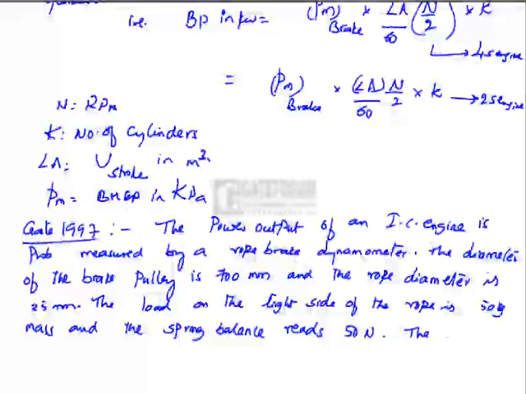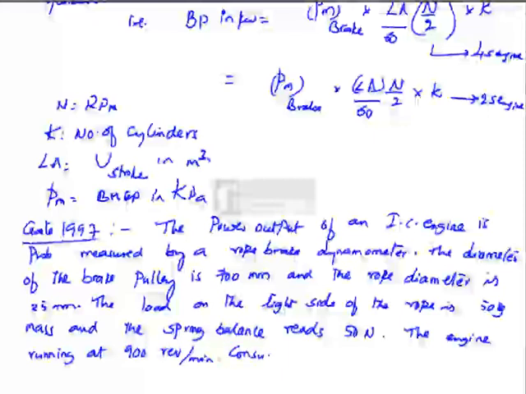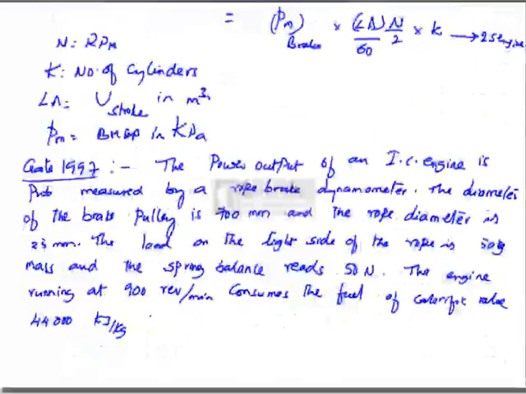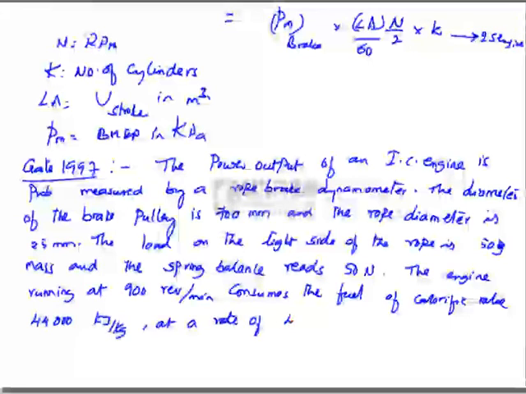The engine running at 900 revolutions per minute consumes fuel of calorific value 44,000 kilojoule per kg at a rate of 4 kg per hour.